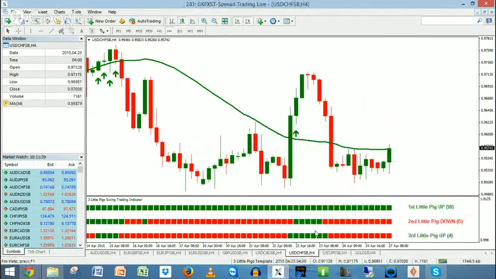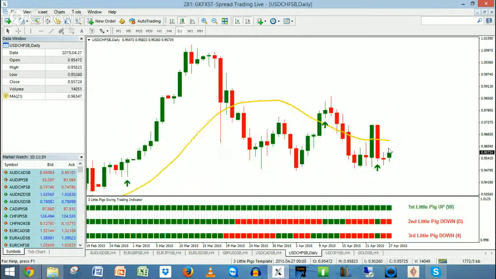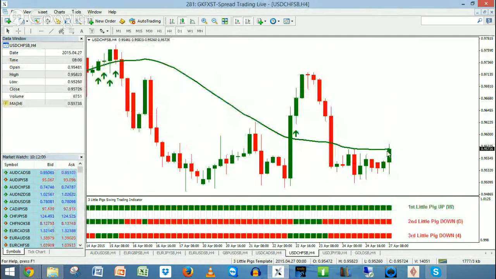USDCHF, up on the weekly and down on the daily. So again, we'll be waiting for the daily and the 4 hour to catch up. It looks like the 4 hour is going to catch up soon, and the daily, we've still got another, I don't know what it is, 72, probably about another 100 pips there. So even if we get a close here above, we won't have the daily lining up.